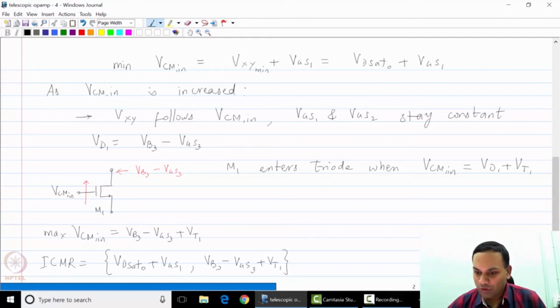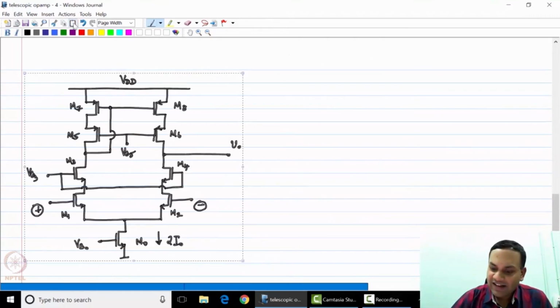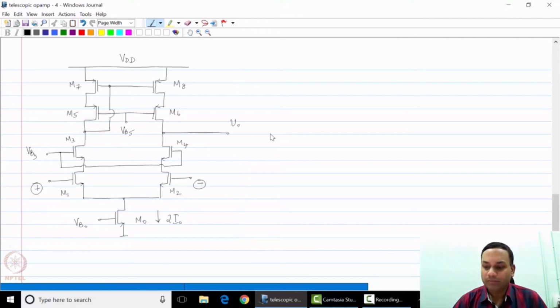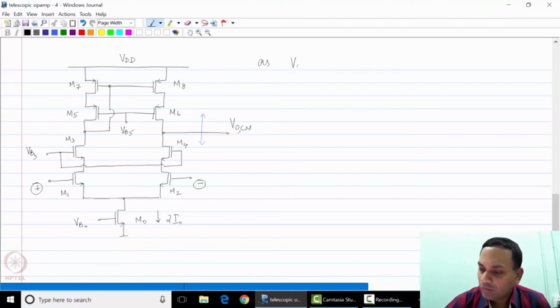Now, what about the output common mode range? Let us again take the same op-amp, but now we are going to see what is the maximum voltage at the output versus the minimum voltage at the output. Let us call the output common mode VOCM. As VOCM increases, you will find that M6 has a constant gate voltage VB5, whereas its drain voltage is increasing.